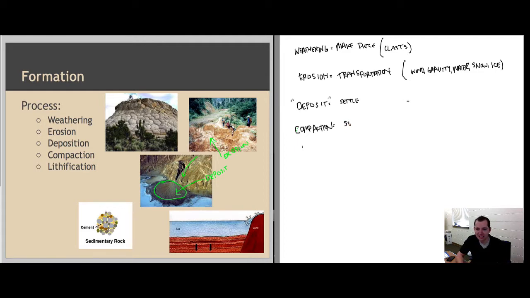So we start stacking layers of sediments on top of each other. That's usually when we get this process of compaction. As more and more layers get put on top of that, those lower layers get compacted closer and closer together. We're reducing the space between all of these pieces of rocks.